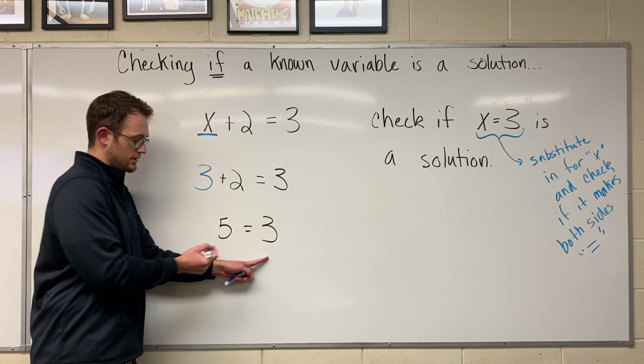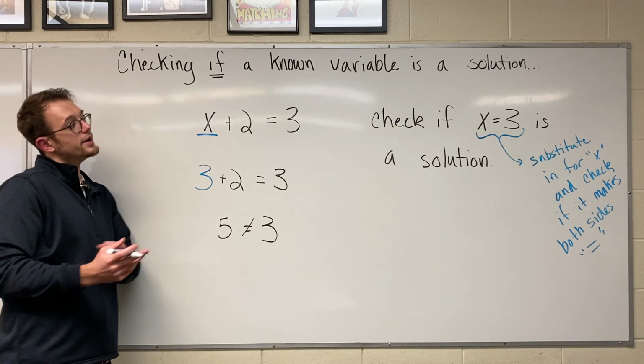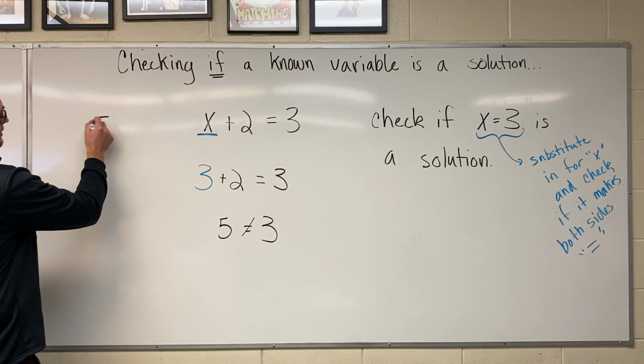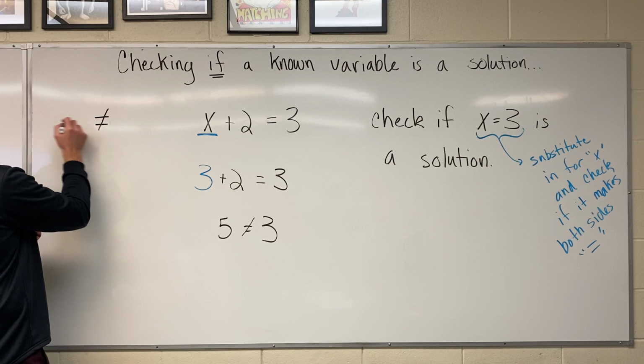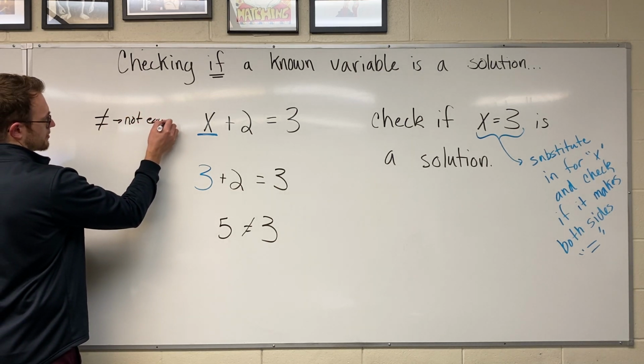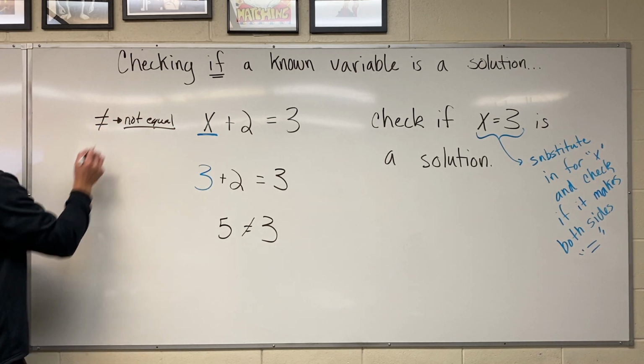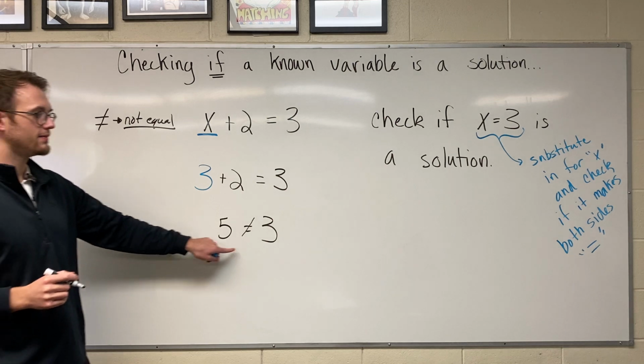No. So just for anybody who doesn't know, this means not equal. That is a terrible arrow. So that means not equal. So 5 does not equal 3.